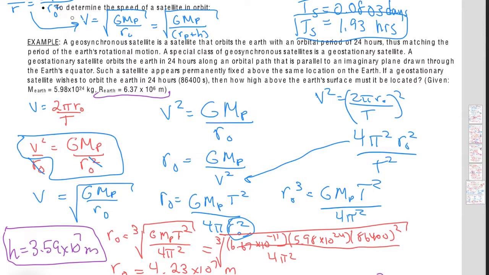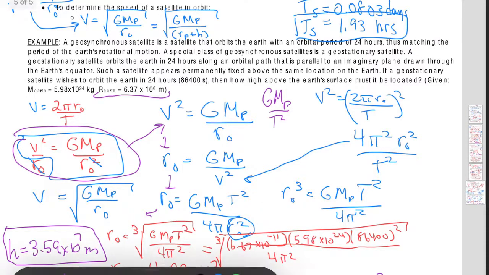I know this problem was all over the place. The main thing is working your way down to R_O. If you see this G M_P over 4 pi squared, this is that ratio I mentioned before, and it will change around different planets.